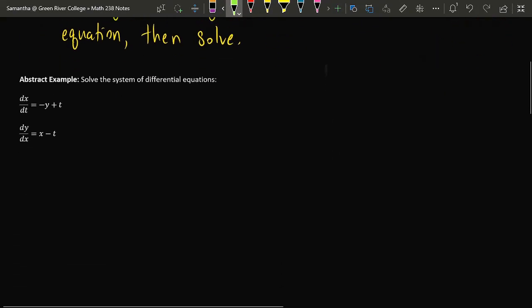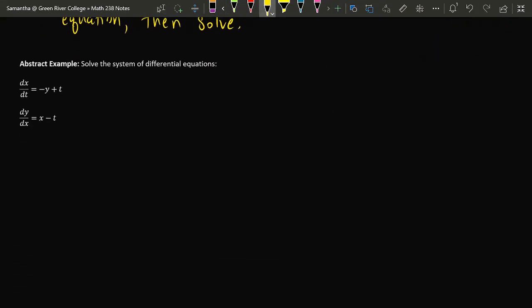To demonstrate the technique, let's consider the following abstract example. We have x prime equals negative y plus t, and y prime, this is dy/dt, y prime equals positive x minus t. So let's go ahead and rewrite this slightly in a nicer notation.